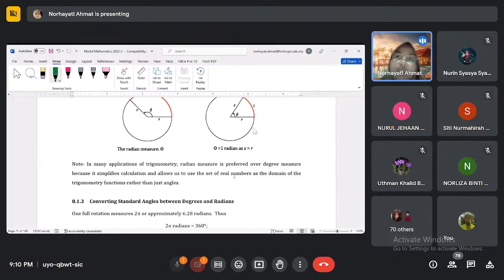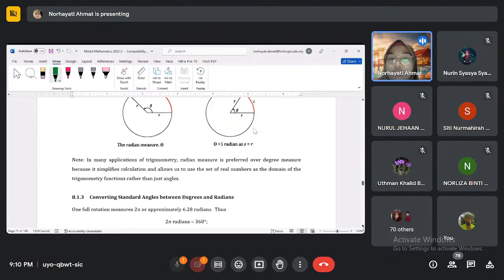Dia melibatkan banyak decimal number lah, because kita ada real numbers. Real numbers can be any numbers, boleh involve ratio ataupun fraction, but can involve decimal number. So lagi senang kita represent the angle using radian unit.